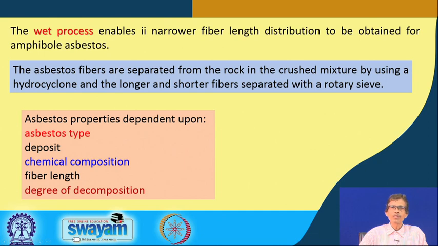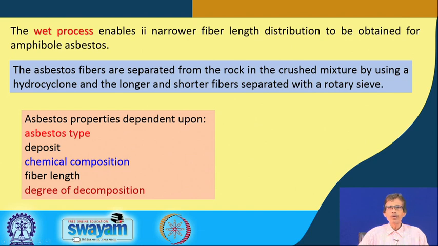Now, once we have the different types of these fibers, their microfibers, structures, lengths, and all these things are useful because a particular behavior, use, or property of those asbestos materials is dependent upon the type. What asbestos type we have, what asbestos type we are getting from nature or from the natural material.